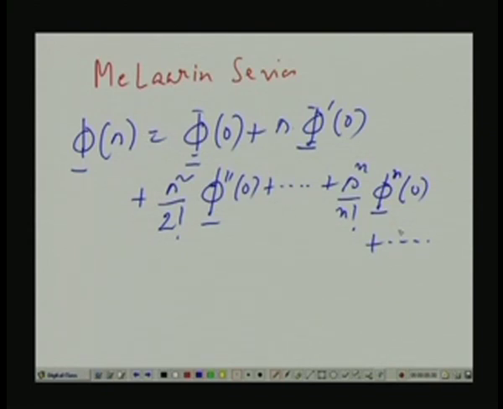Of course, this Maclaurin series converges near s equal to 0 if all of them phi 0, phi prime 0, and so on exist.